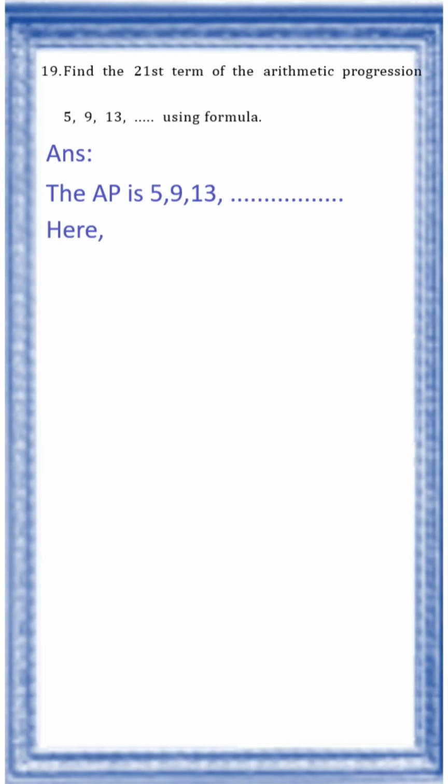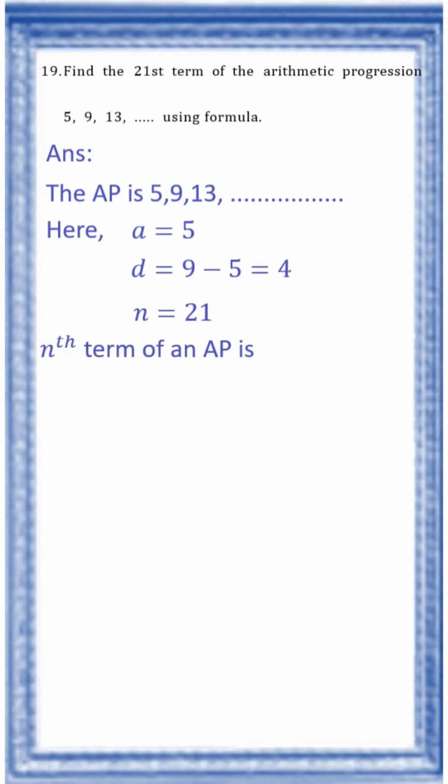Here a is equal to 5. d is equal to 9 minus 5, which is also equal to 13 minus 9, that is 4. n is equal to 21. For the nth term of the AP, the formula is a_n equals a plus (n minus 1) into d.